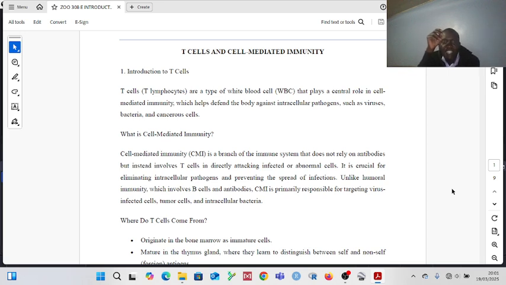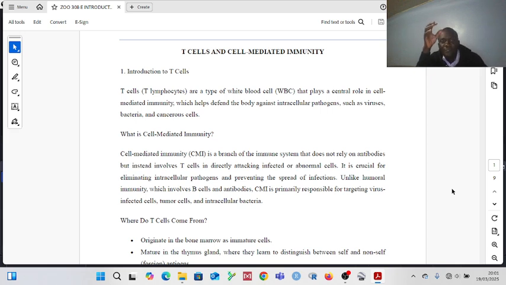So if cell-mediated immunity is mobilizing T cells to attack infected cells, then by doing so, it can help to eliminate whatever it is inside these cells. Okay, so by eliminating the intracellular pathogens, cell-mediated immunity will help to prevent the spread of infections.